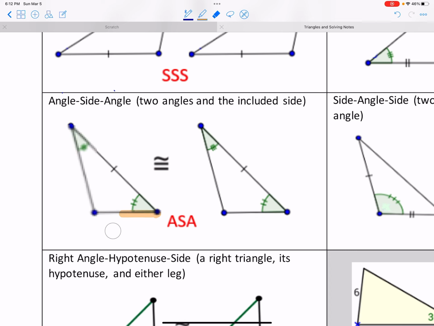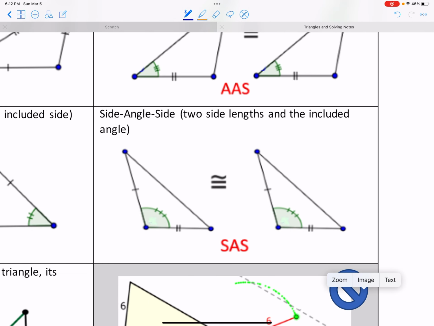Okay. The next one we're going to look at is called the side-angle-side theorem, and the order that we're labeling these things is important. So this time we have 2 congruent sides and we have an angle right in between those two, so that's going to be called the included angle. So you have a side, and then you have an angle right in between those two sides.